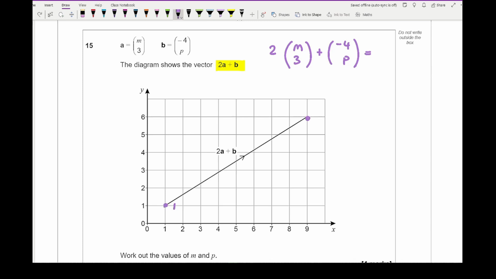So going across, we've got 1, 2, 3, 4, 5, 6, 7, 8. And going up, we've got 1, 2, 3, 4, 5. So this is what we're now working with.